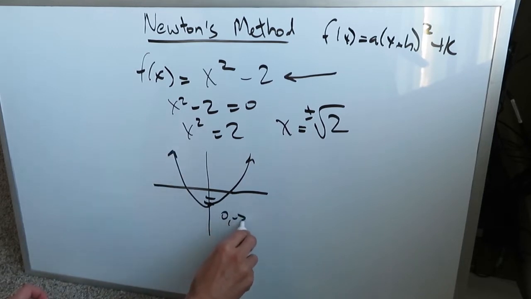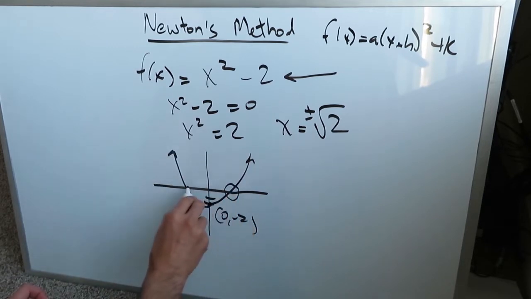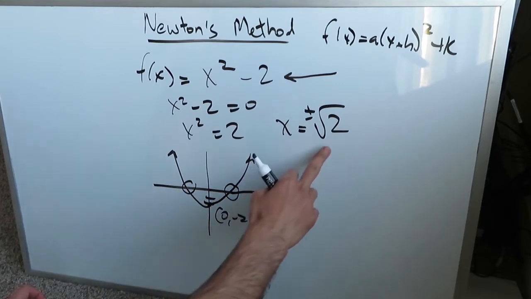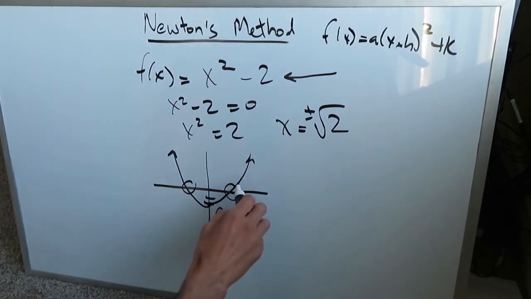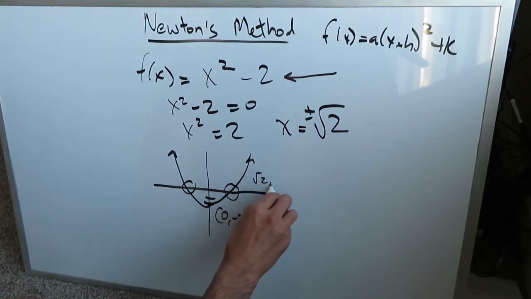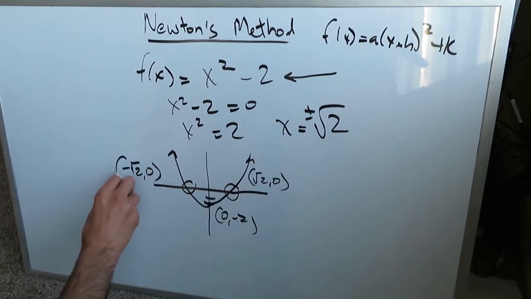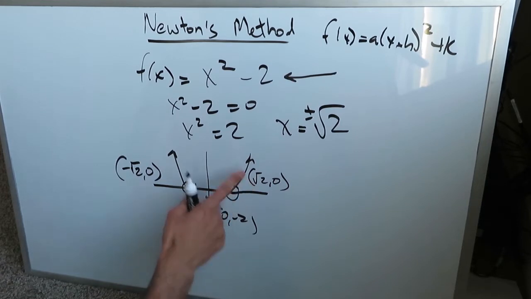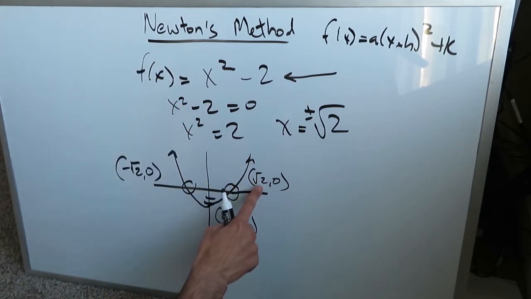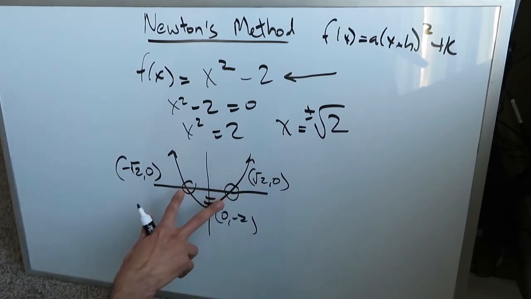See, (0, minus 2), that's my vertex. Now the two x-intercepts represent what the value is over here. This one right here would be (root 2, 0), and this right here would be (minus root 2, 0). But we're trying to find out, based on Newton's method and the iterative process, how do you actually find the value of root 2? Graphically, this is what we're exactly talking about.